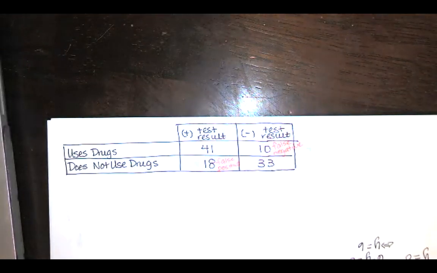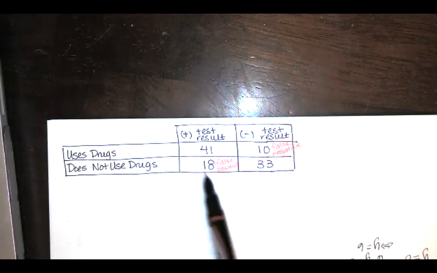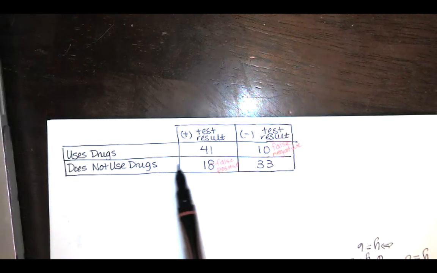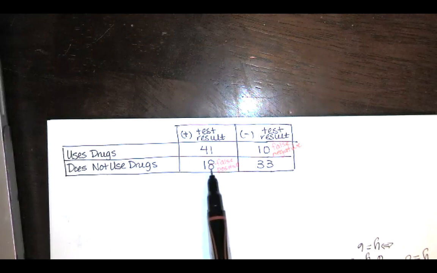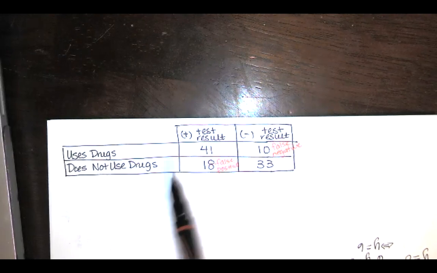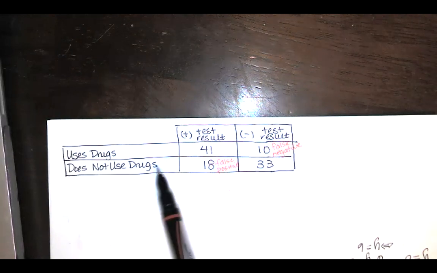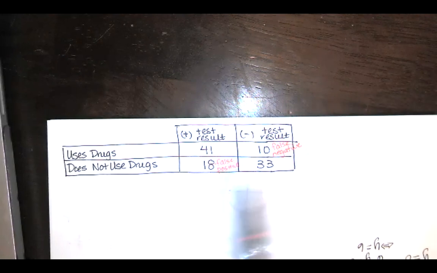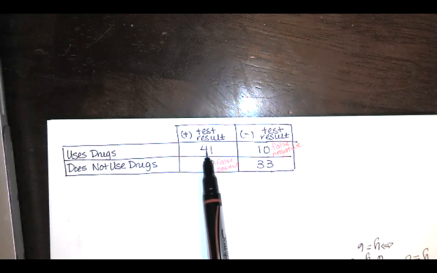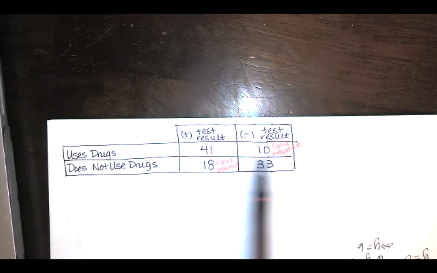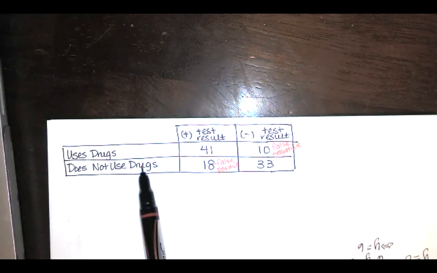Now we're asked to find the probability of getting a false positive. Now that we know that the false positives are these 18 folks, we just need to figure out, 18 out of how many? How many total people were in this sample to begin with? In order to find that, we'll need to add up the number of folks that used drugs in this row and add up the number of people who did not use drugs in this row.